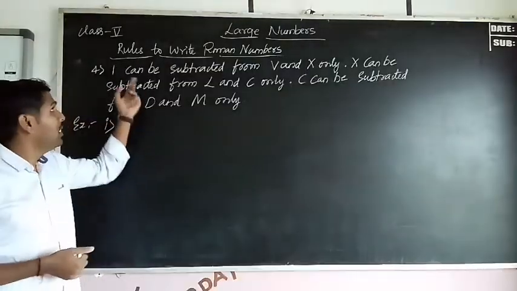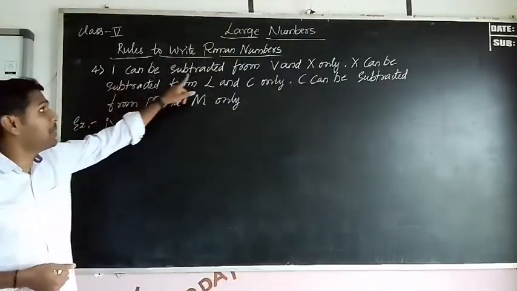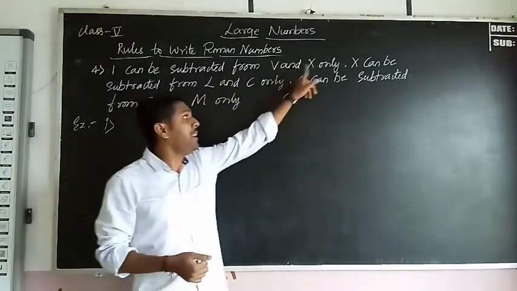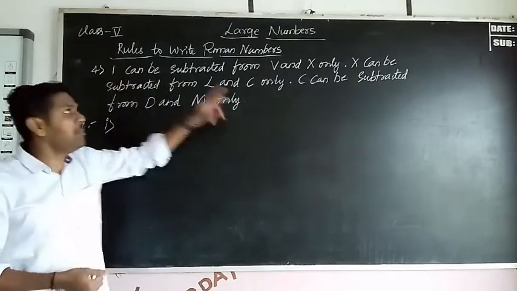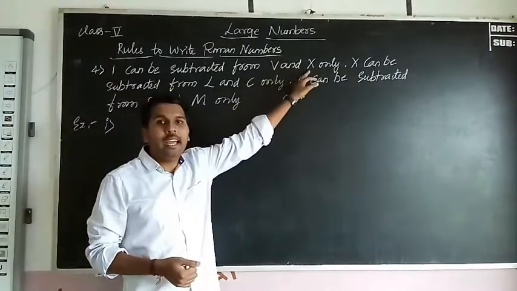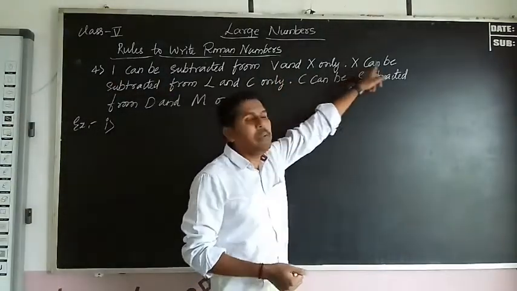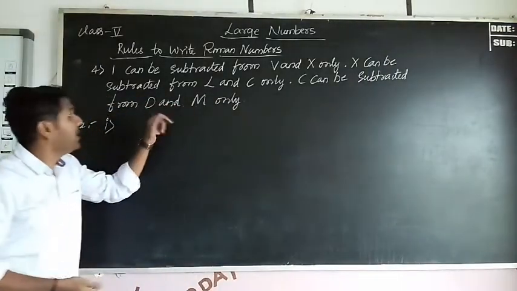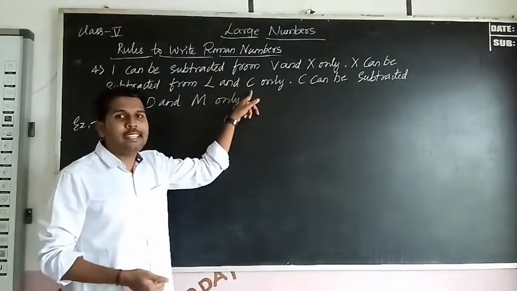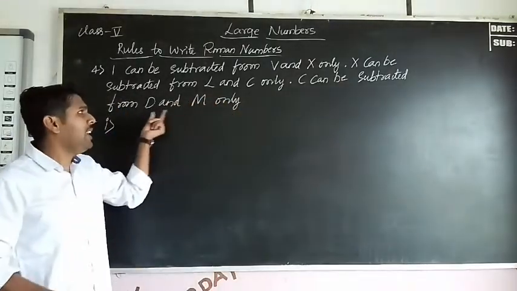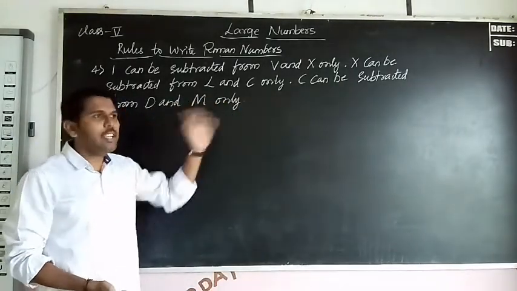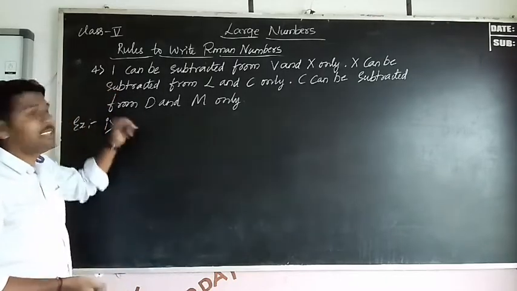So next one, I can be subtracted from V and X only. So that means I can be subtracted only from these two letters V and X, and X can be subtracted from only these two letters. What are the letters? L and C, and C can be subtracted from D and M only. Okay, take one example, then only you get to understand the rule.